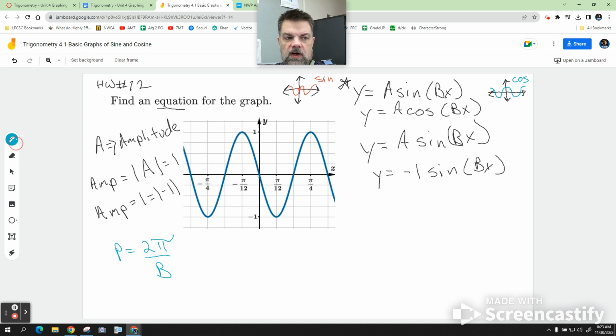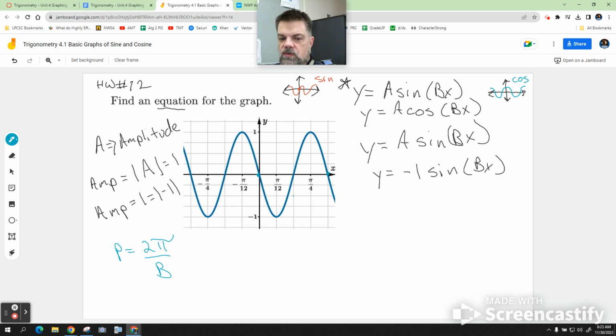So I go from peak to peak, or if it's sine, I go from here to here. So this is pi over 12. This is pi over 4. So I've got to think, what gives me pi over 12? Like, that's weird. What are we counting by? So this is 1 pi over 12.